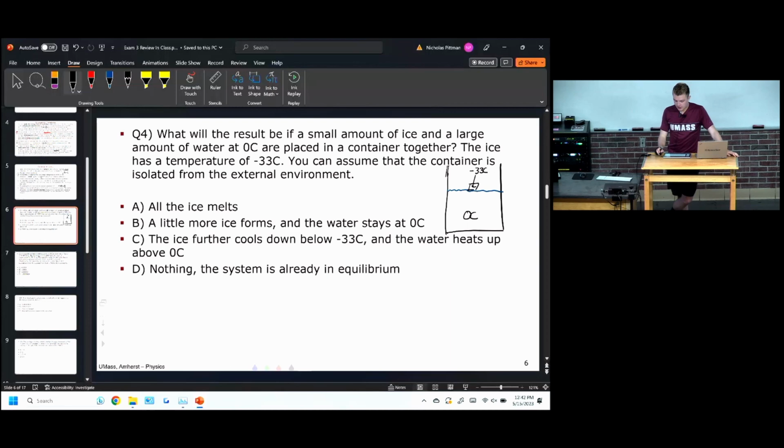So what's going to happen is that you can sort of view it as coldness being given off by the ice, but technically heat is being given off by the water to the ice. I'm going to explain it in the intuitive way. The ice is very, very cold, and the water is already at its freezing point.